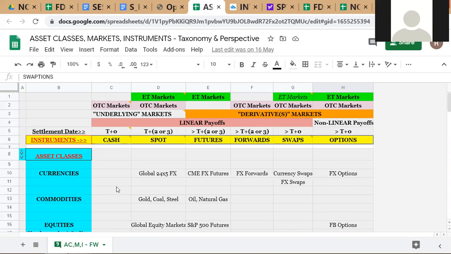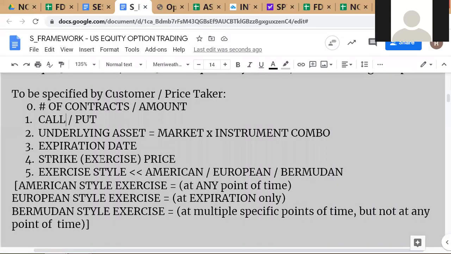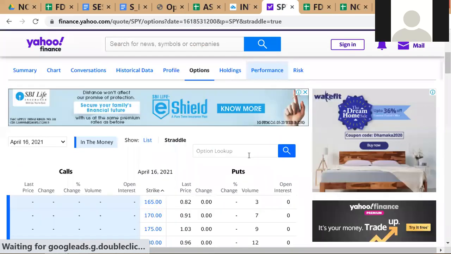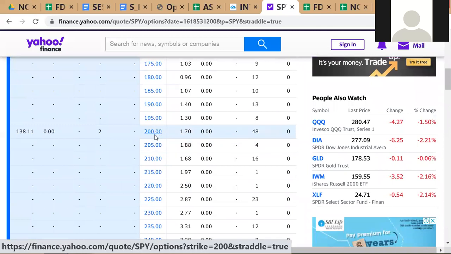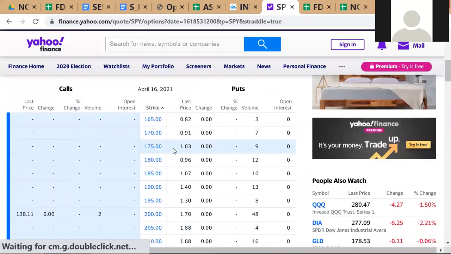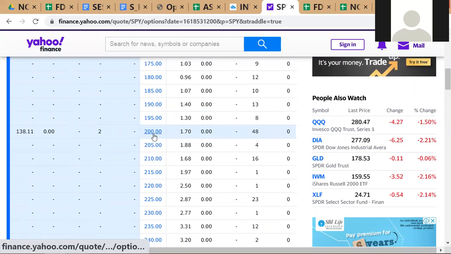So when you define the underlying asset, you have to specify it as a market instrument combination. If you go back to the example of the S&P, the SPY, and you want a price for the 200 put, you have to specify many things.